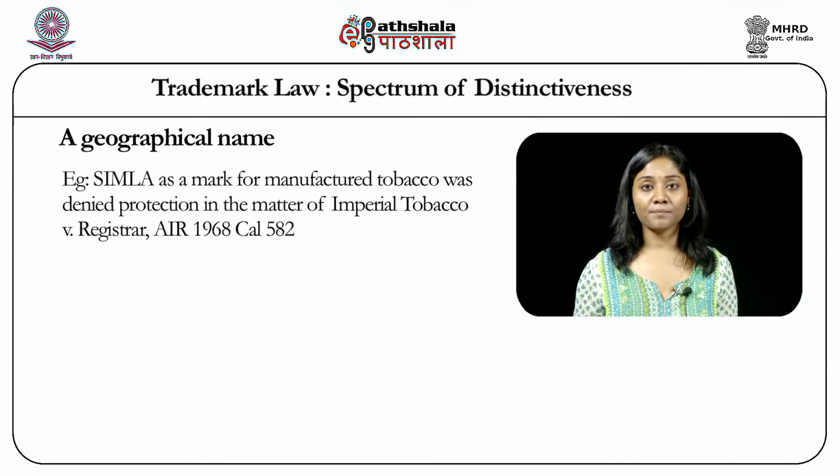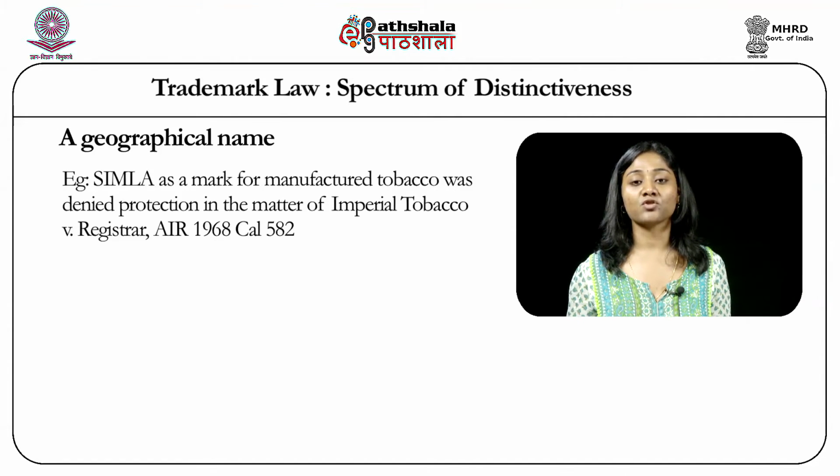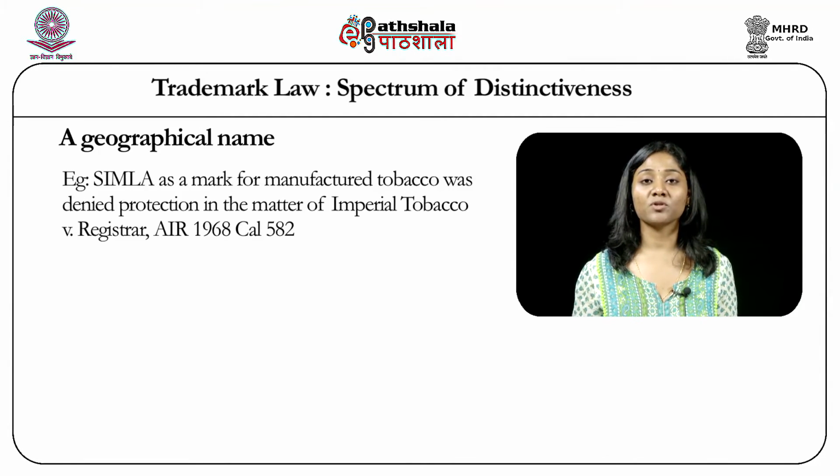Shimla is a place, a hill station in India essentially, but the mark Shimla was applied for registration for a good such as tobacco, and it was denied registration because the court held in Imperial Tobacco vs. Registrar again in 1968 that Shimla cannot be protected as a trademark.